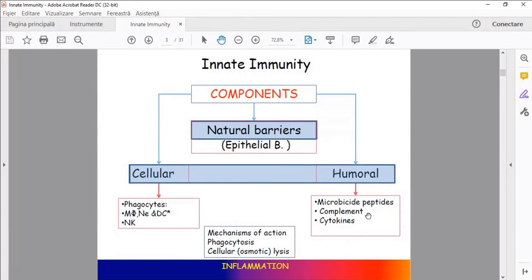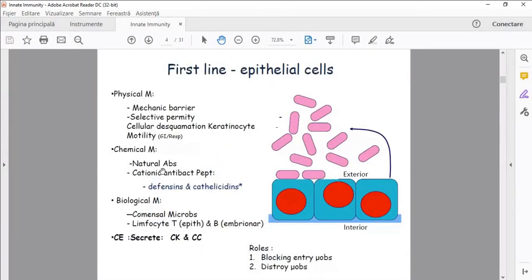Finally, even if they have two different ways of activation, they have a common path, which finally leads to destruction of the pathogen by osmotic lysis. Okay, so let's talk about the first line, which is represented by epithelial cells.